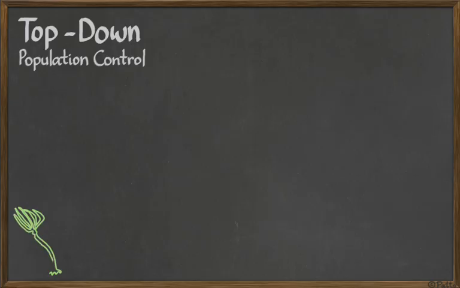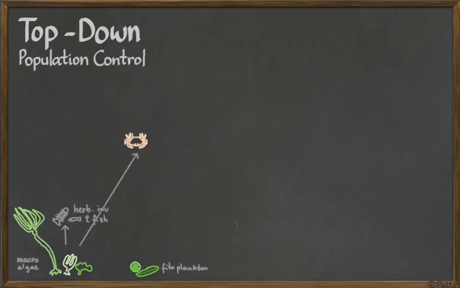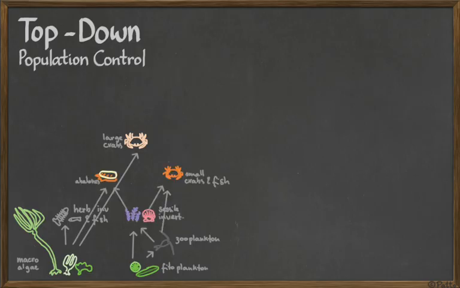We have a food web here. Let me speed this up. We have algae, macroalgae, we have phytoplankton, and these feed other organisms, so herbivores and invertebrates, large crabs, zooplankton, sessile organisms. So I put a full food web here for you to see.